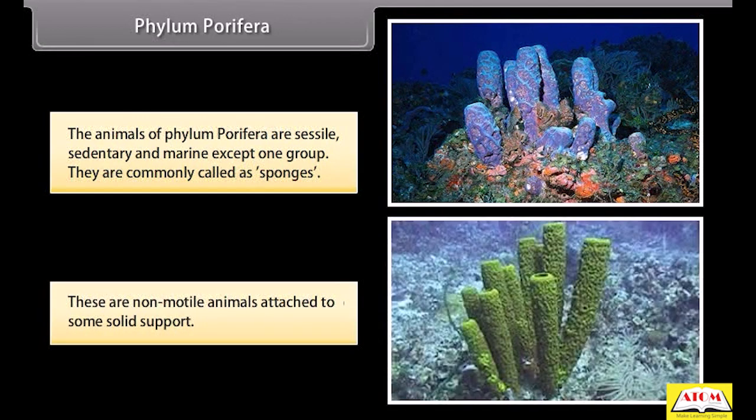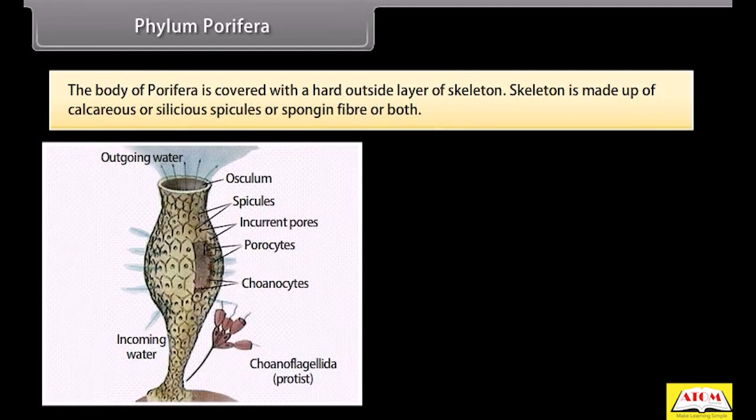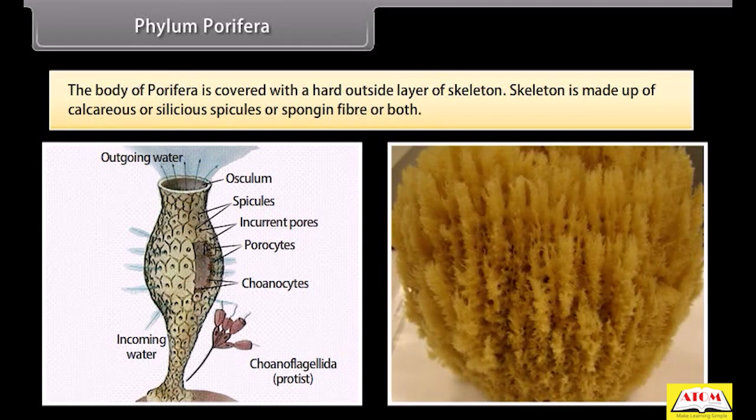These are non-motile animals attached to some solid support. The body of Porifera is covered with a hard outside layer of skeleton. Skeleton is made up of calcareous or siliceous spicules or spongin fiber or both.